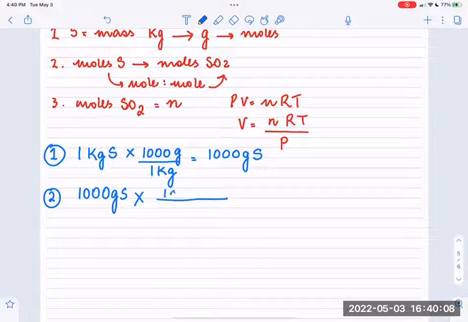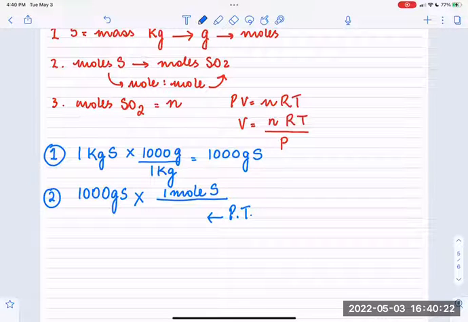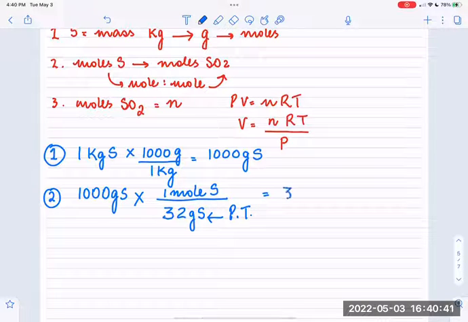So 1 mole of sulfur, what does it weigh? Look in the periodic table and tell me, what does it weigh? Yes? Come on, guys. 32 grams of sulfur. Okay, so that comes from the periodic table. So 1000 divided by 32, what do you get? 31.25 moles. And these are the moles of sulfur.